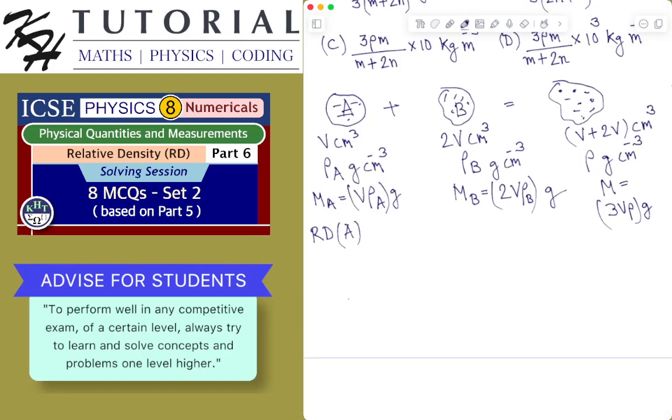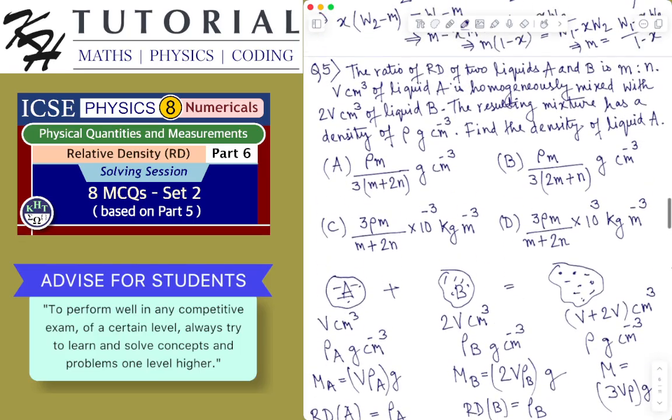We have assumed the density to be rho A gram per centimeter cube, so definitely the relative density of A is rho A. Similarly, the relative density of liquid B will be rho B. So it is given that rho A by rho B equals M by N.